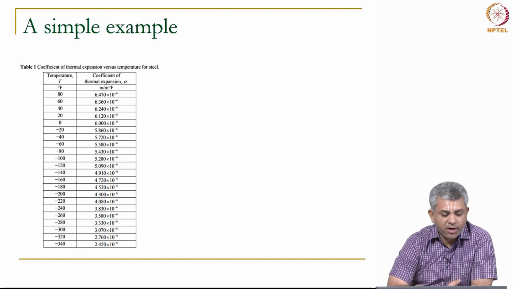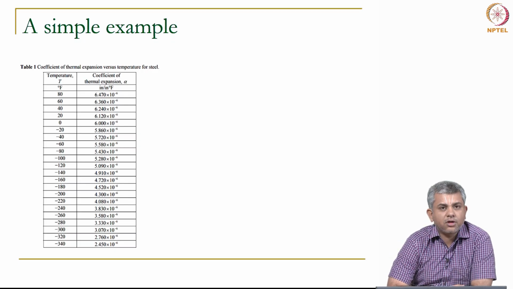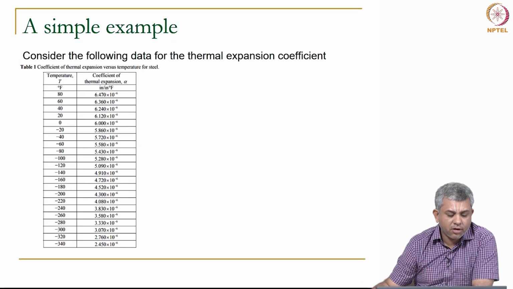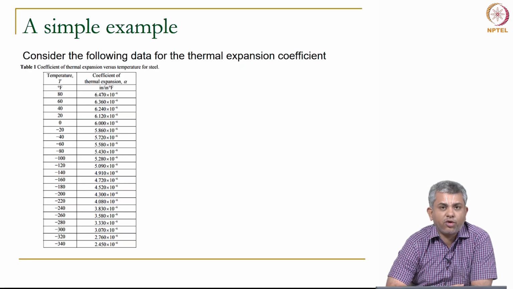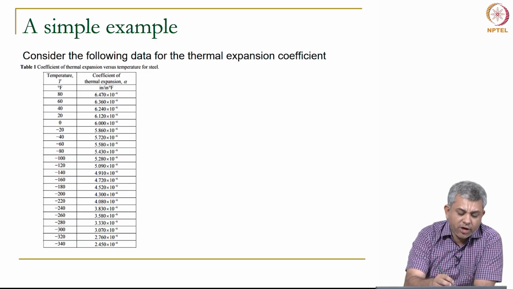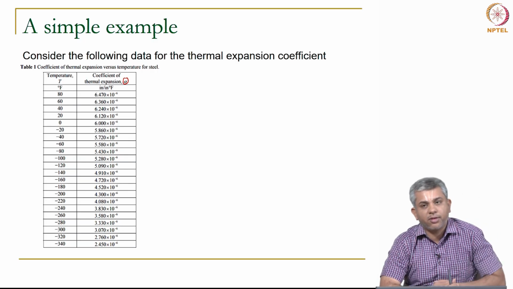So, let us take a simple example. This example is about the thermal expansion coefficient. As you know, metals expand as you increase the temperature, but this thermal expansion coefficient is actually not a constant, it even varies with temperature.